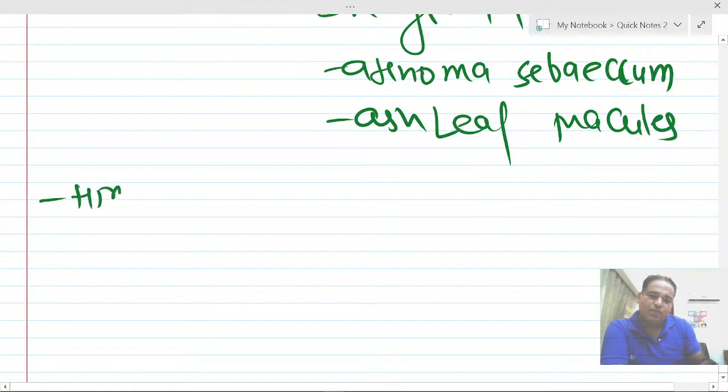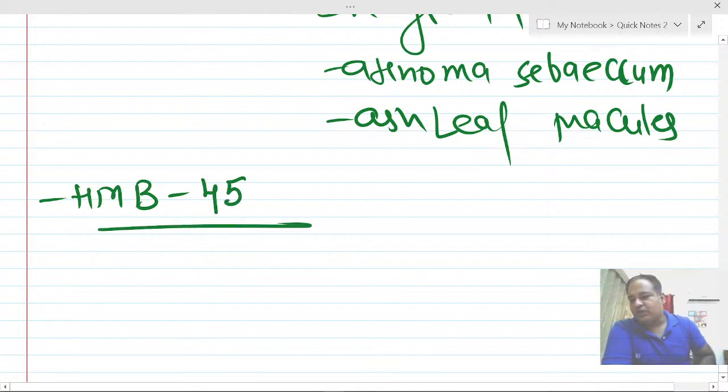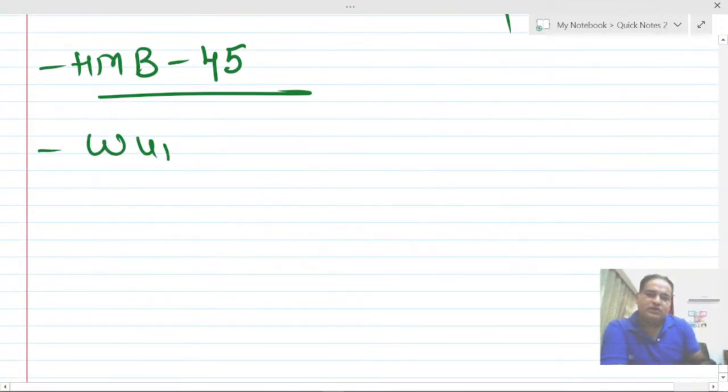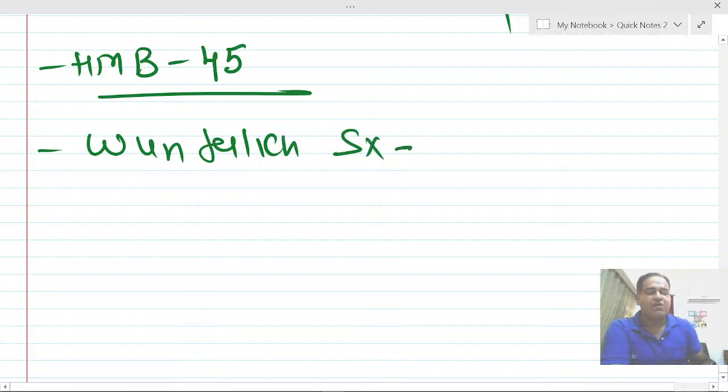What is the tumor marker if the tumor turns malignant? HMB45 is the tumor marker. Now, sometimes it may present with Wunderlich syndrome, that means bleeding in the retroperitoneum.